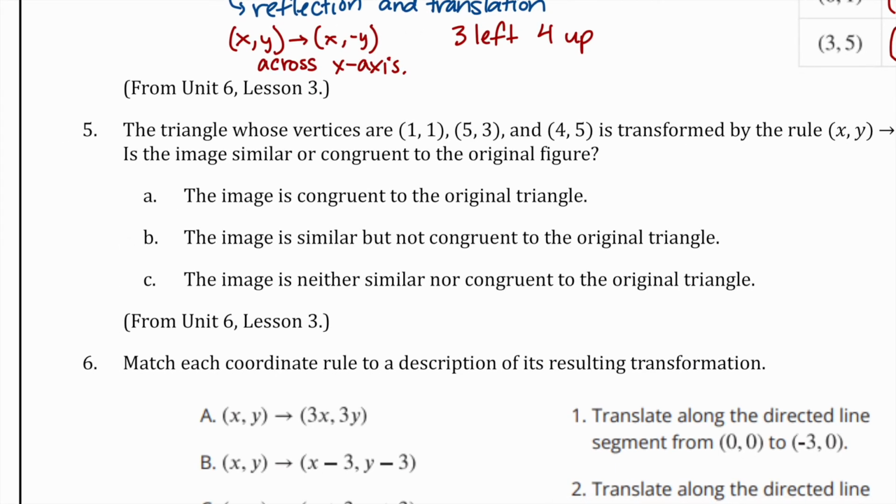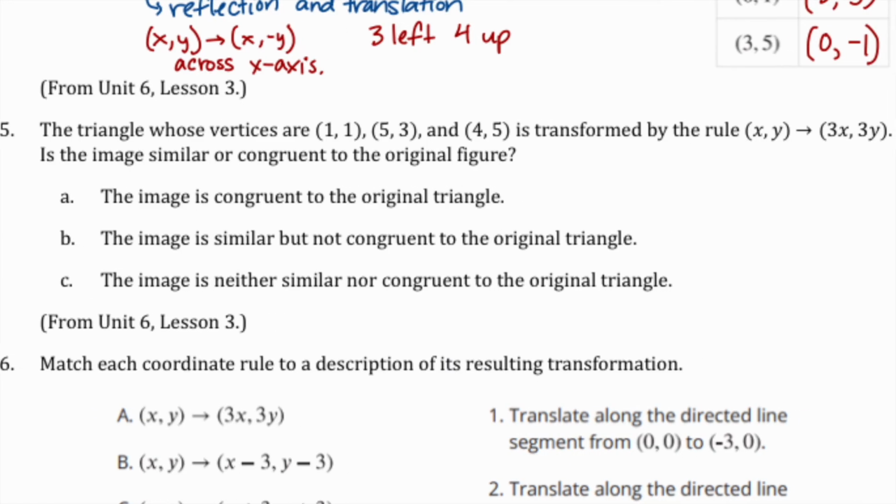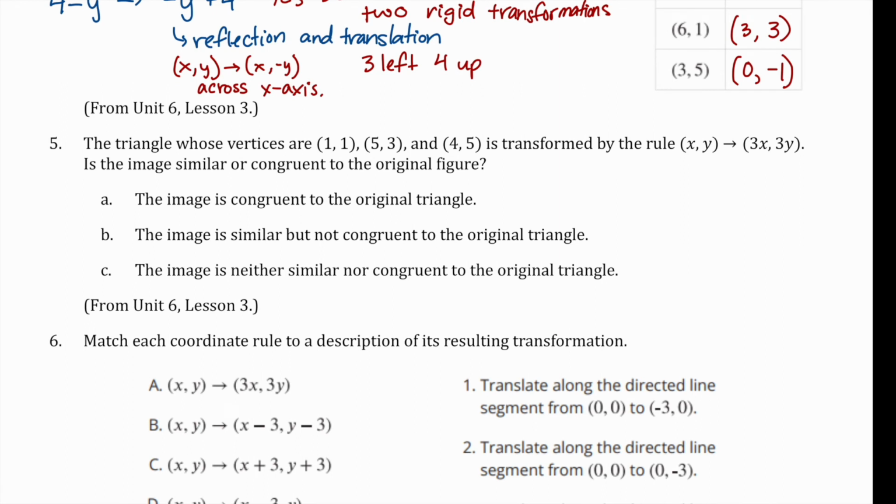So, number 5, the triangle whose vertices are 1, 1, 5, 3, and 4, 5 is transformed by the rule x, y becomes 3x, 3y. Is the image similar or congruent to the original figure?